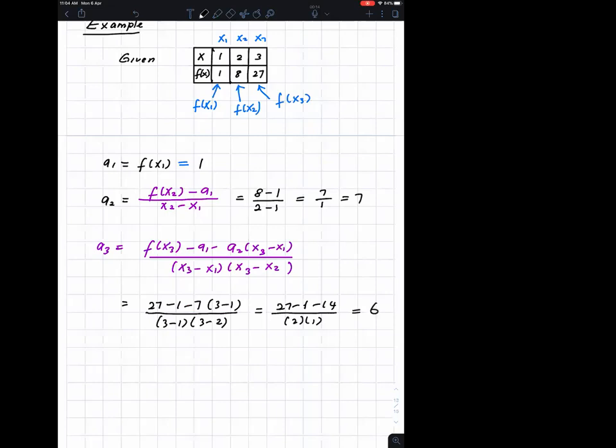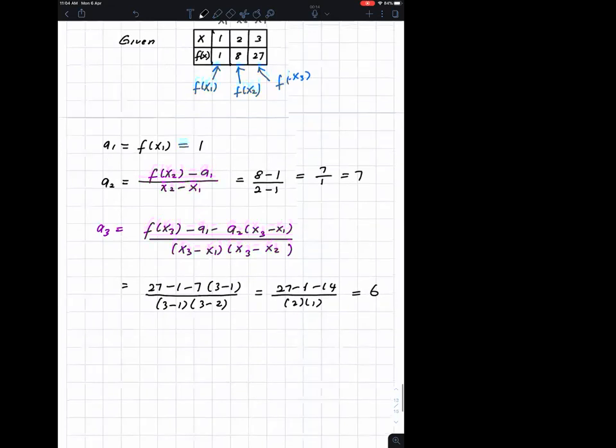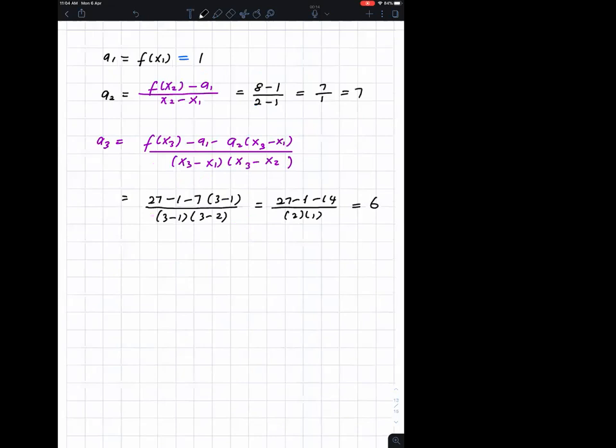Okay, that's it. Since you are only given 3 sets of data, we can only find up to A3. So you can find A1, A2, and A3.